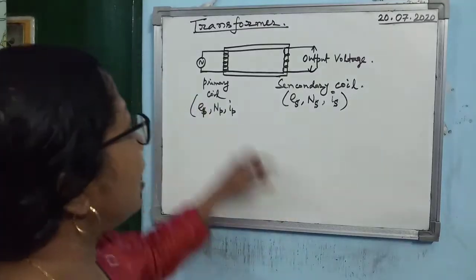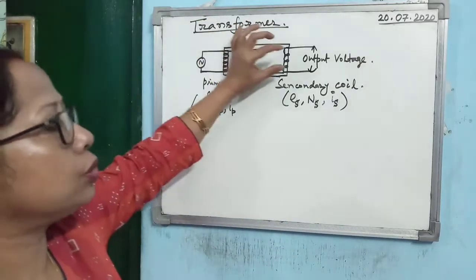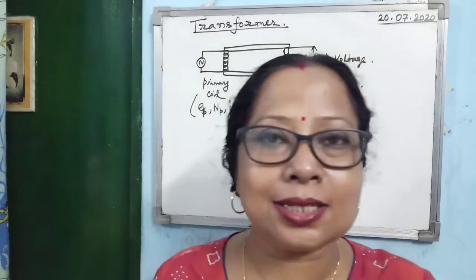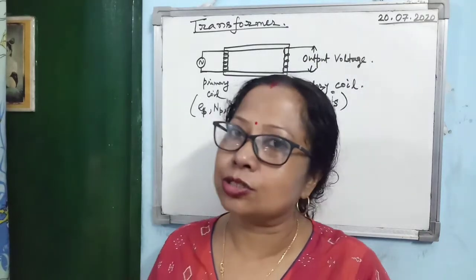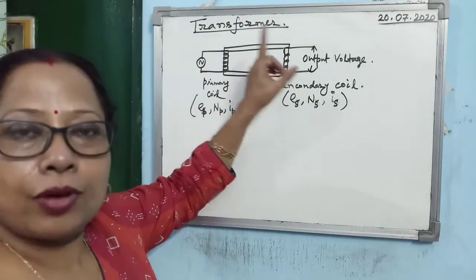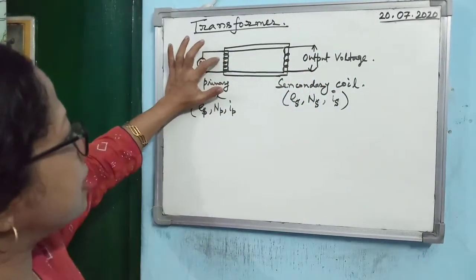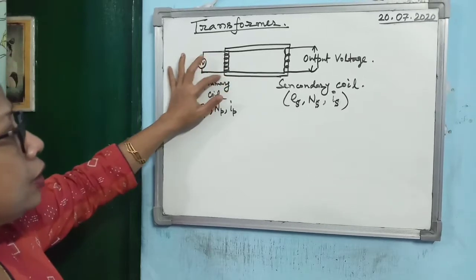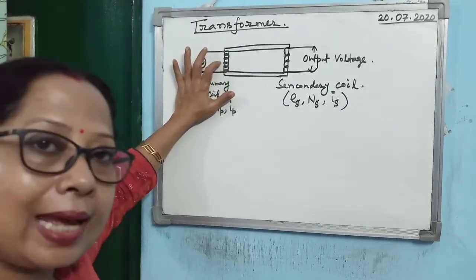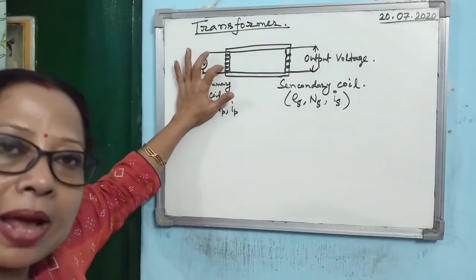Means the magnetic flux linked with the primary is equal to the magnetic flux linked with the secondary. That is for an ideal transformer. Ideal things are not available in practice. So this is the working condition. So what is happening, just you see, when the alternating voltage is applied and alternating current passes through the primary coil, then the magnetic flux linked with the primary will change.